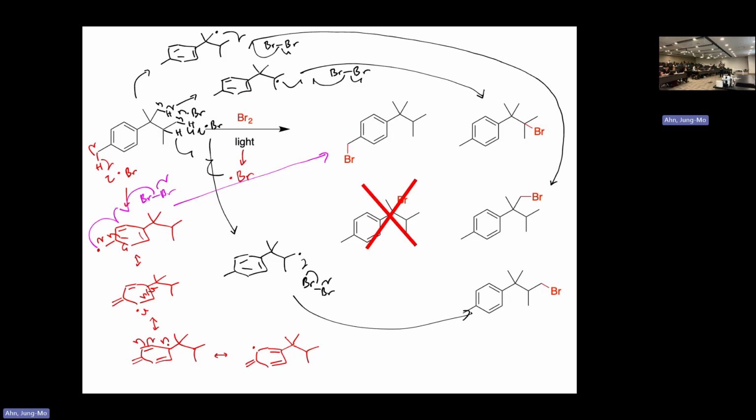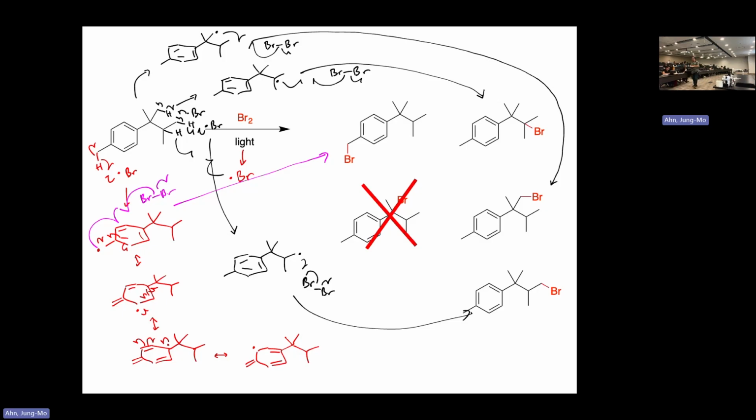So if you don't think about the resonance structures, you most likely guess that maybe this is the major product because that happens with the tertiary positions. But this tertiary radical, that one we produce, is not resonance stabilized. So I would put more weight on this one. So the tertiary without the resonance structures and primary with the resonance structures, which one is better?